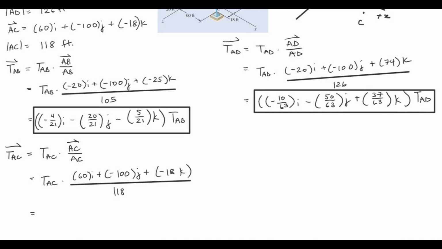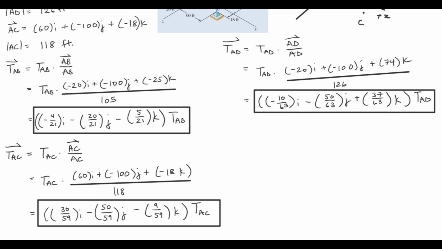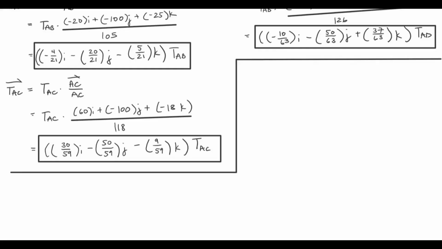And simplifying this expression, we get... So now that we have the equation for the tensions, we can have the sum of the forces in x, y, and z direction and solve for P. So now I want to equate the sum of the forces in x, y, and z direction.